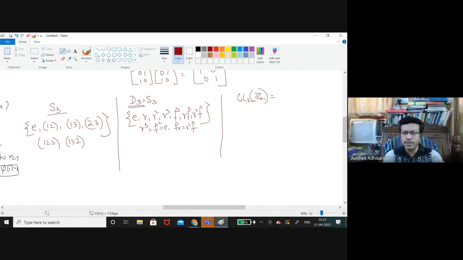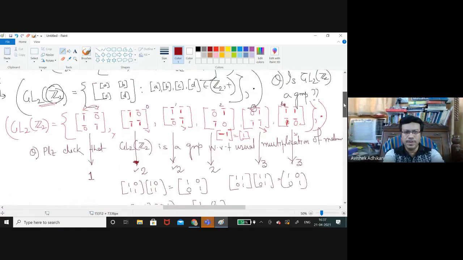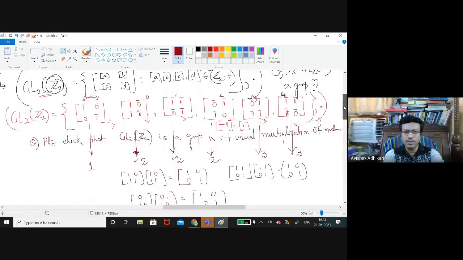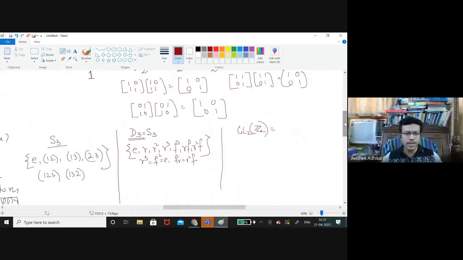Just now we have explained, we do not have the proper place to write all these elements. But what we can see is that here also the order is 1, its order was 2, 2, 2, 3, and 3.